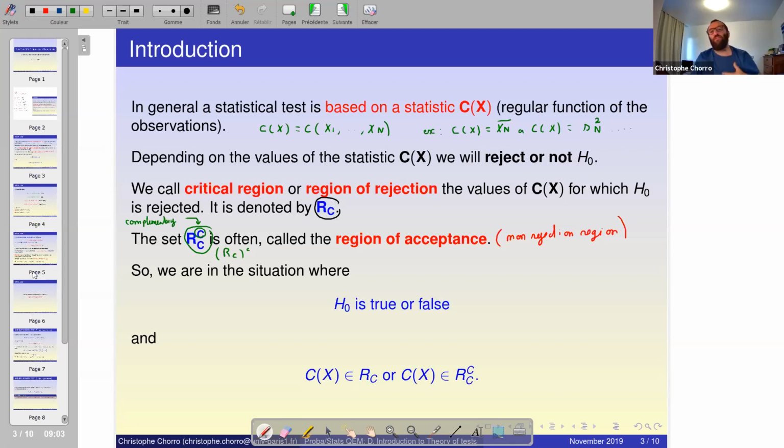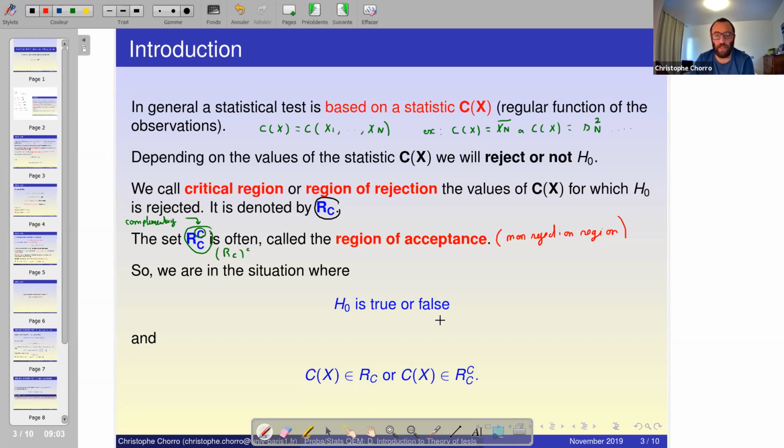So I am in the following situation concretely. I have in fact 4 possibilities. The first 2 are that H0 is, let's say, true or false. Because I know that my distribution depends on an unknown parameter.